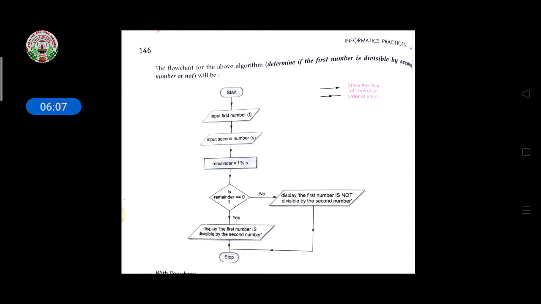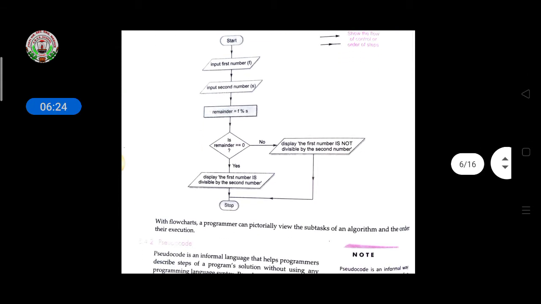So like this we write the flowchart with the help of these symbols. Like this we write several logics if we are using them in the program.